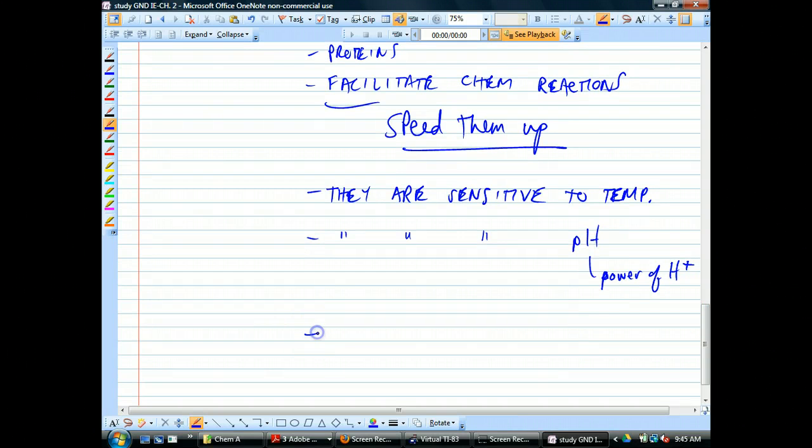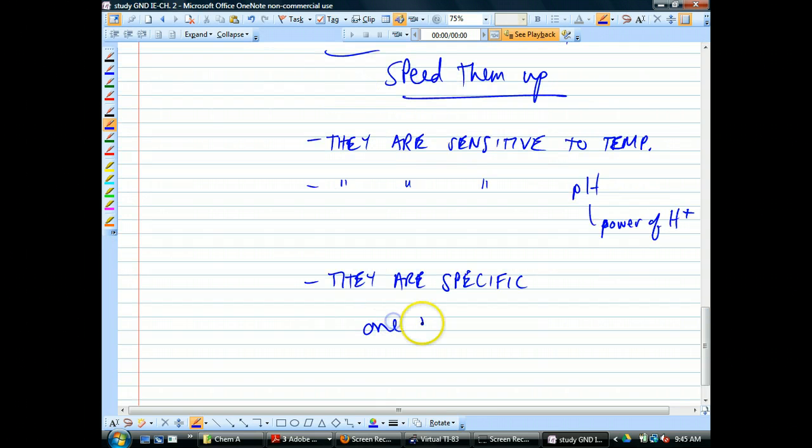And then the last thing I want to say is they are very specific. So enzymes are specific. One enzyme works on a specific substrate.